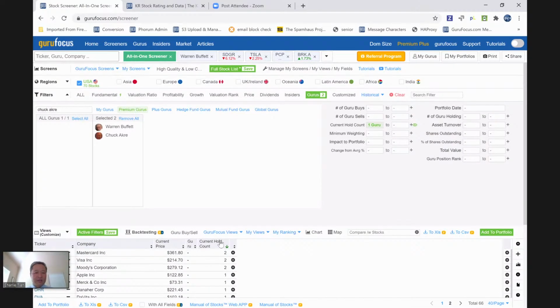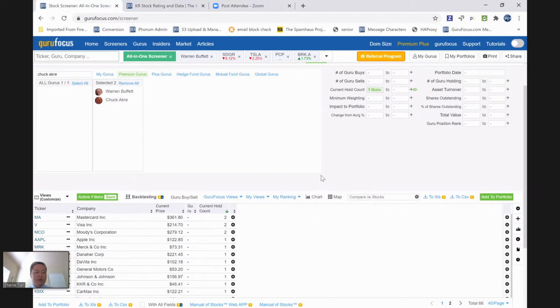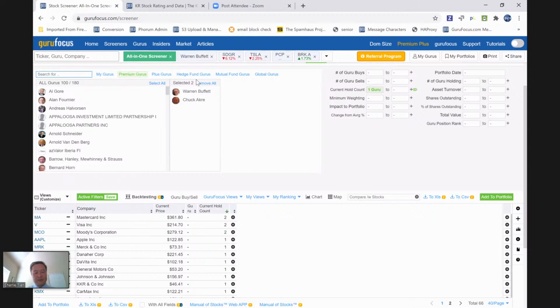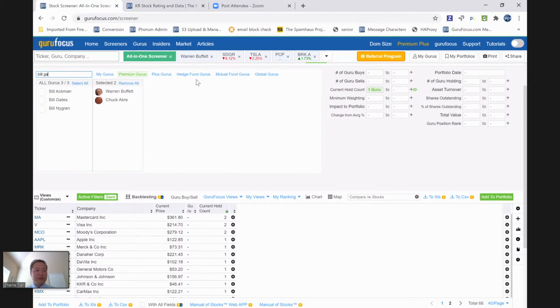I sort by the current hold count here. You can see that both Warren Buffett and Chuck Akre own Mastercard, Visa, and also Moody's Corporation. Both of them own these very high quality companies, three of them. And if we add another guru of similar style, maybe Bill Gates.